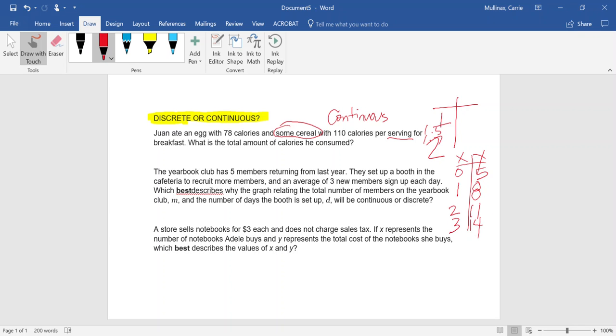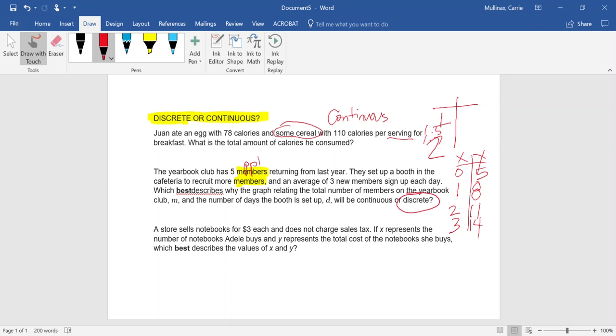Is it possible that at a day and a half we're going to have 9.5 members? Do you want to be half of a member? Anytime you talk about the word members or people, anything that relates to people will be discrete, because you can't have half of a person.